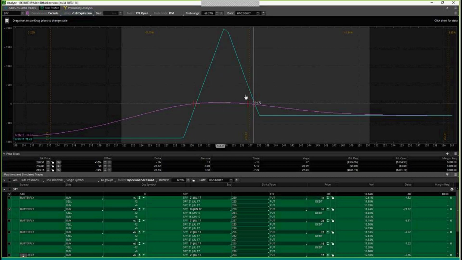Volatility drops, or a decrease in volatility, will help your pricing and your profitability. Volatility will not help your butterfly until you are pretty well out of the butterfly, depending on how much time is left. By the time volatility is helping you in a butterfly, your trade's probably already dead.